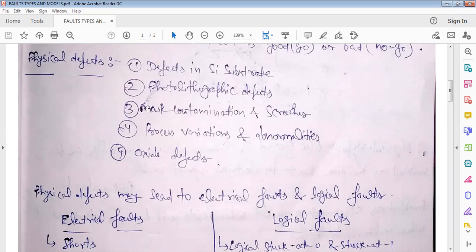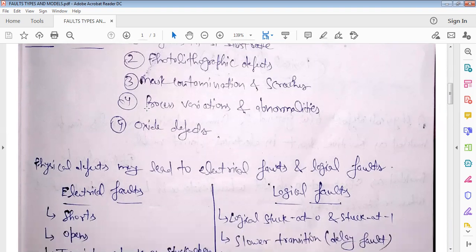Physical defects are basically defects in the silicon substrate, photolithographic defects, mask contamination and scratches, process variation and abnormalities, and oxide defects. These are the physical defects.